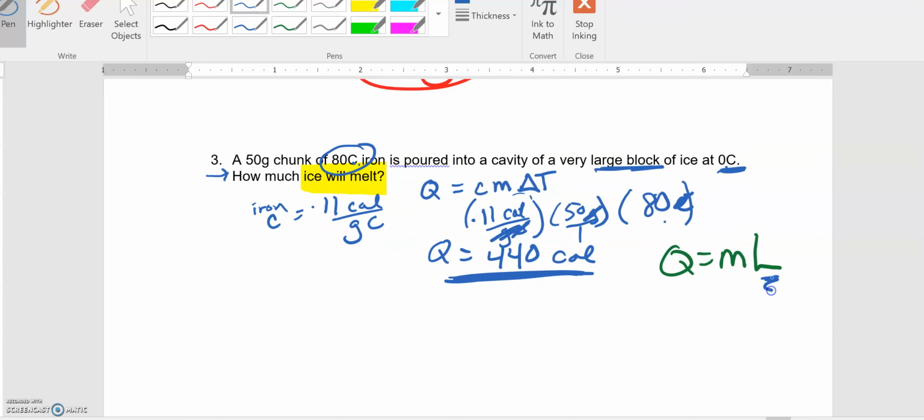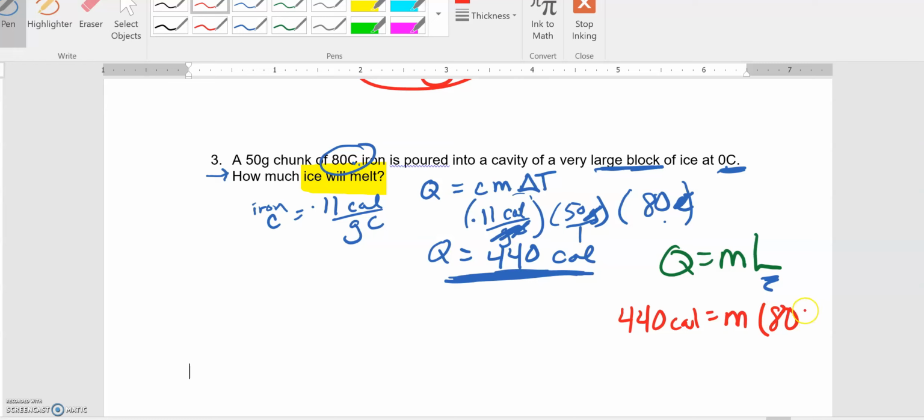Now L represents either the heat of fusion or the heat of vaporization. In this case, we would need the heat of fusion. But Q is going to remain the same. So I would take my 440 calories is equal to the mass, which is what I don't know, how much ice. And now the heat of fusion for ice, I had to look this up, is 80.